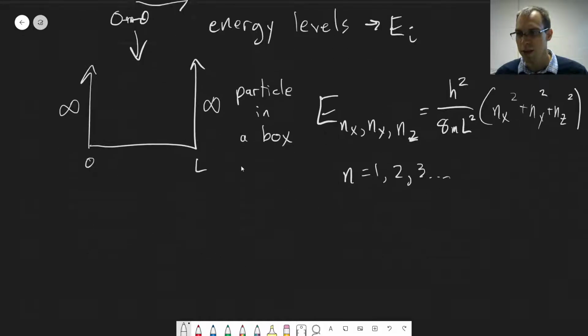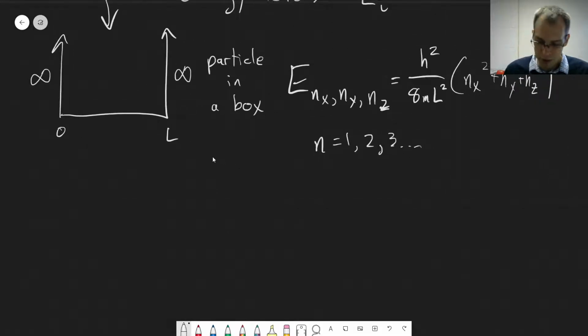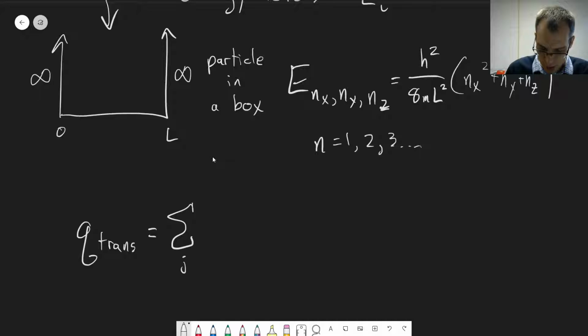And so if we want to find our translational partition function, Q translational, we add up over all the i energy levels. So we need degeneracy. In this case, there is no degeneracy. There aren't any specific degeneracies. So we need to add up over all the different quantum numbers that are possible. So we can have nx from 1 to infinity.